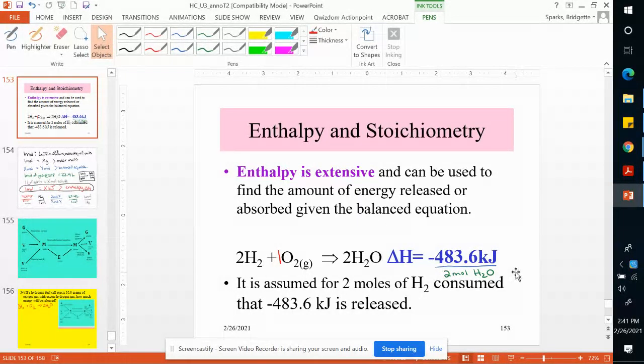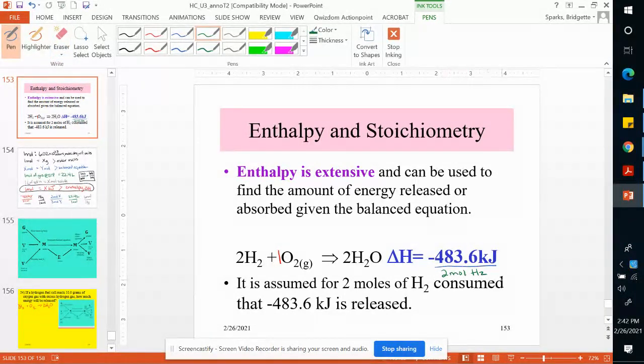So we could have in the denominator 2 moles of water. Instead, we can have 1 mole of oxygen, and we could just as easily have 2 moles of hydrogen. You can define that enthalpy with respect to whatever material in the balanced equation you're working with.